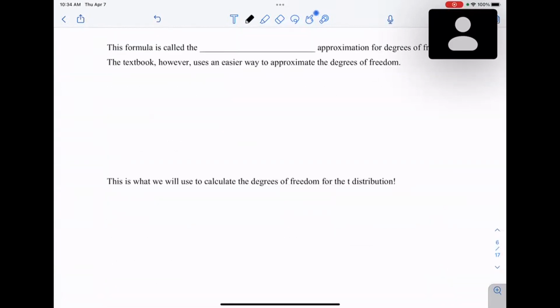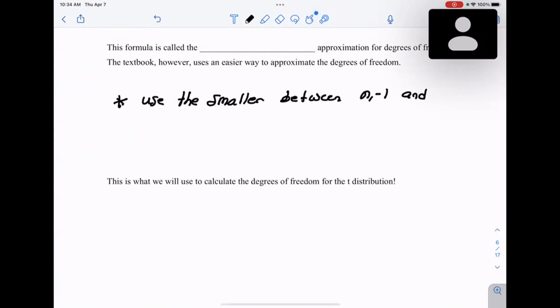So our textbook uses the smaller between N1 minus 1 and N2 minus 1. And that'll be the degrees of freedom used to find the critical values.